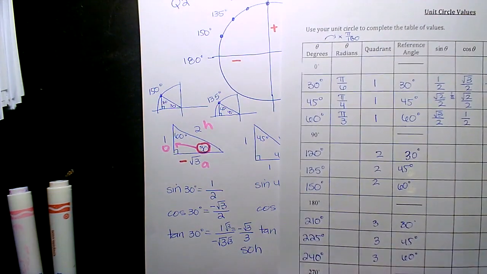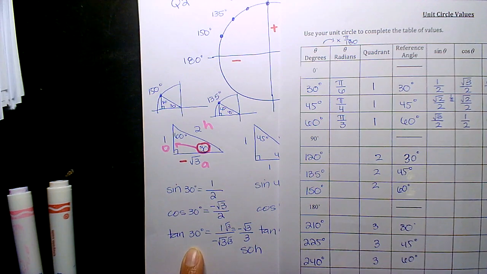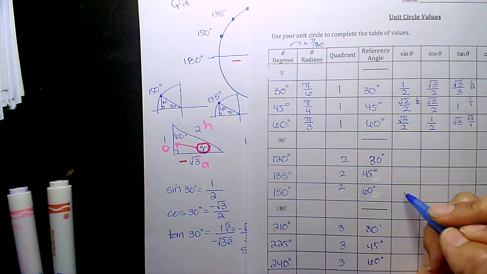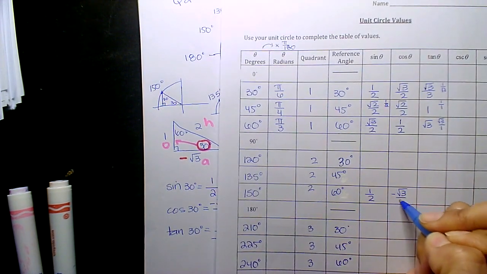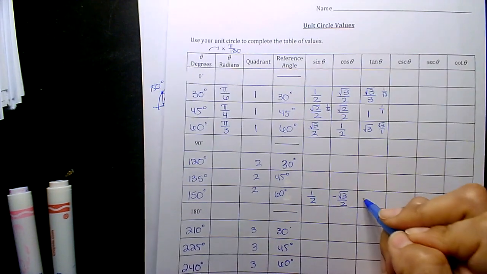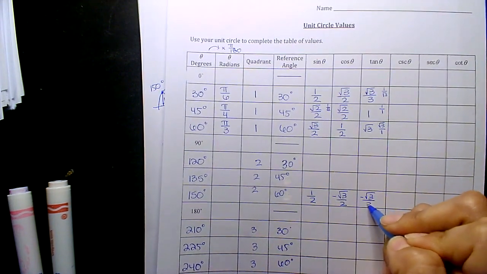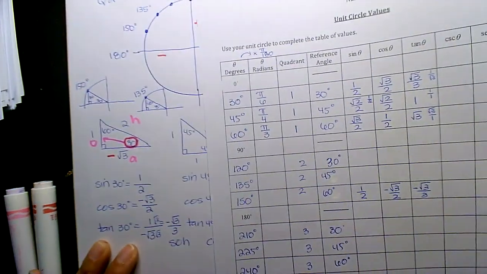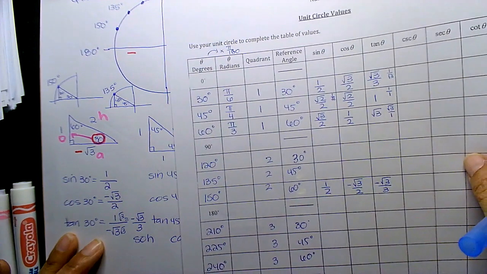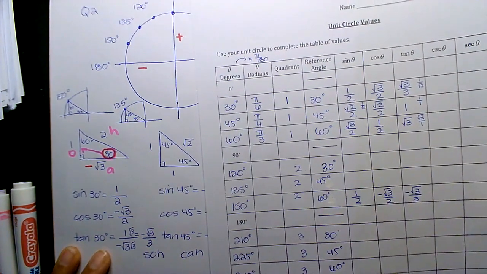So if I come here on 150, it's 1/2, negative rad 3 over 2, and negative rad 3 over 3. Let's move it over. Here we go.